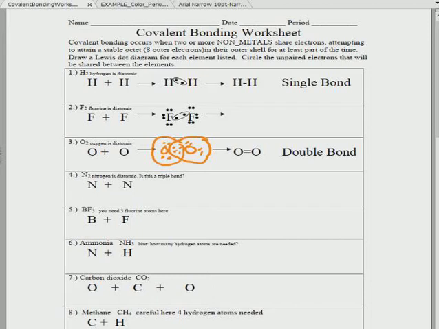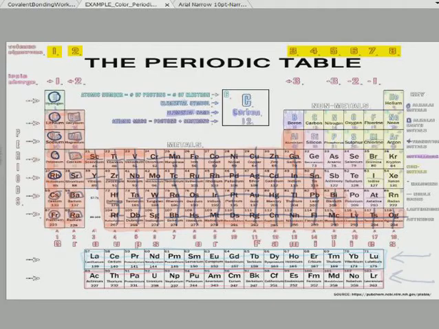And then we also have nitrogen. Nitrogen has 5 valence electrons, group 15.